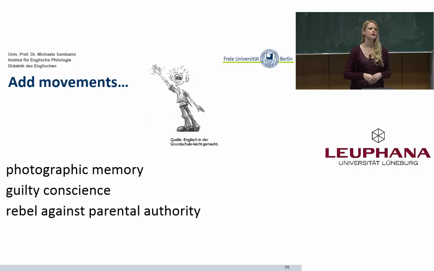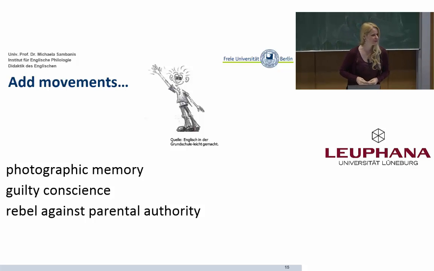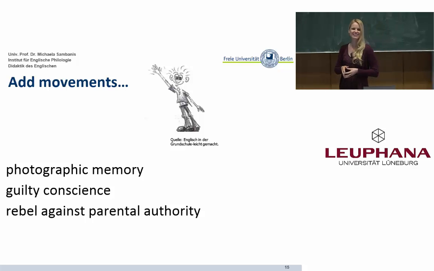Rebel against. And how could you show the parental authority? The scolding mom. Let's do a combination of rebel against parental authority, which is of course a negative image of parental authority, but okay, we can go with that.